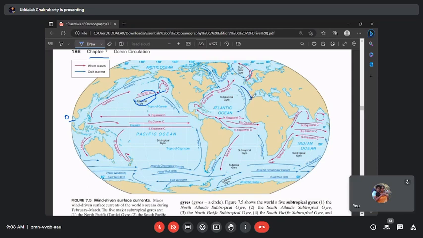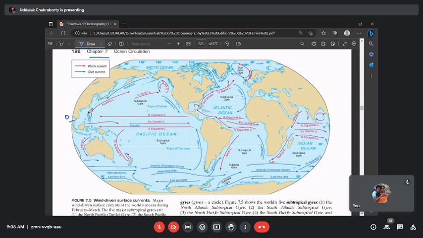Okay, the cold ocean currents and warm ocean currents have different characteristic features, right? I will first talk about the warm currents. The warm ocean currents are those which carry warm waters. Their temperature is a bit higher, right?